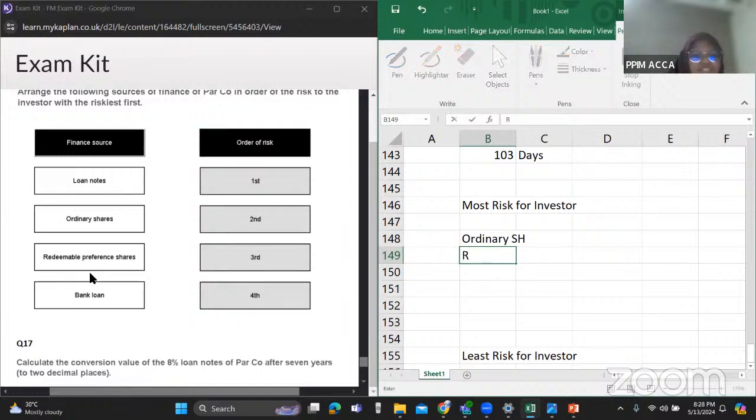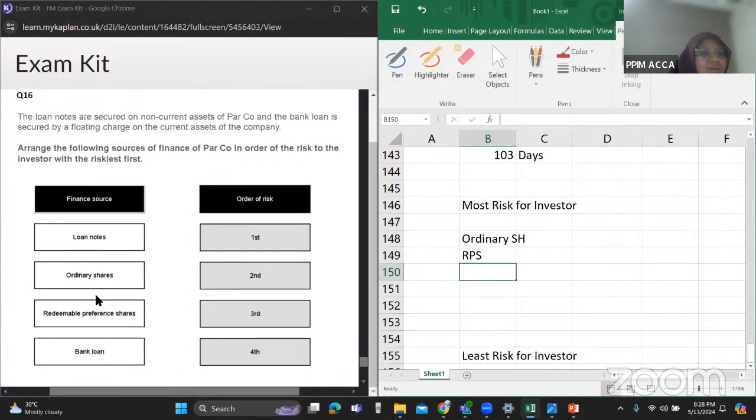Redeemable preference shares. Then between the bank loan and the loan note, the bank loan is secured against the current assets. Interest we will pay, but if we go bankrupt, the maximum they can take is our current assets: inventory, receivables, cash.